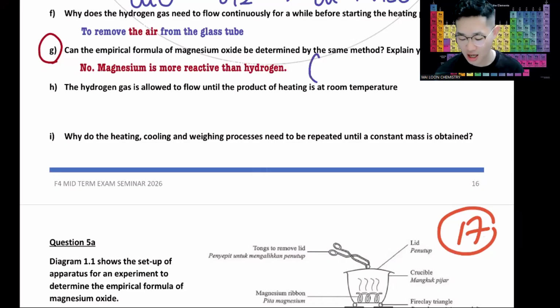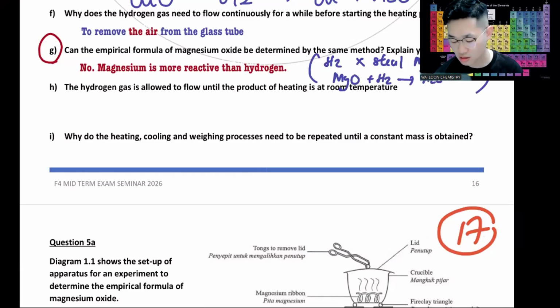Meaning hydrogen cannot steal Mg's girlfriend. So there's no way this reaction will happen. That's why we say this experiment is for the weak men. Weak men, their girlfriend gets stolen away. But strong men, no.